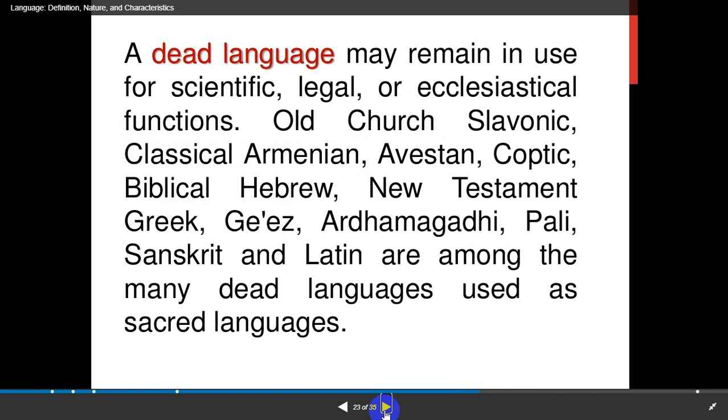Old Church Slavonic, Classical Armenian, Avestan, Coptic, Biblical Hebrew, New Testament Greek, Pali, Sanskrit, and Latin are among the many dead languages used as sacred languages. Okay, all of them are just used as sacred languages.